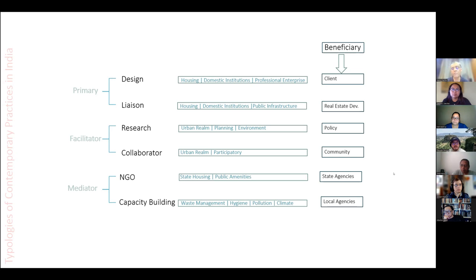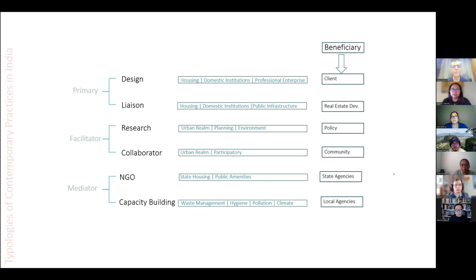There are other forms of practice that have taken over the landscape of Indian practices, the facilitator, which is a researcher and a collaborator. Research basically tries to inform the policy through urban realm research, planning research, or environmental policies, and tries to influence the policy and the framework so that it could be regulated as well as modified over a period of time.